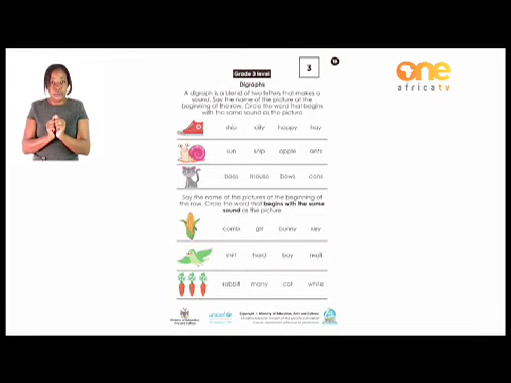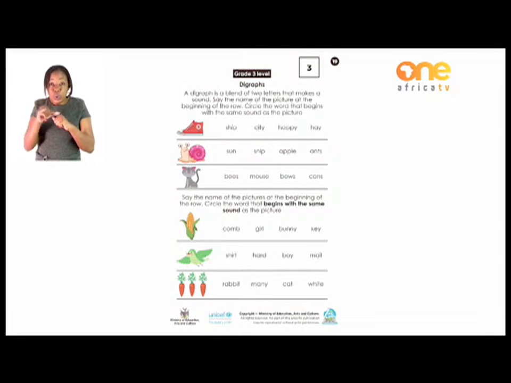You say the name of the picture again at the beginning of the row, and then you circle the word that begins with the same sound, the same thing again. What is the name of the first picture that you see? Then you have to know the sound. Which sound does this picture start with? And you circle the word that has that sound. The second one, what is that picture?